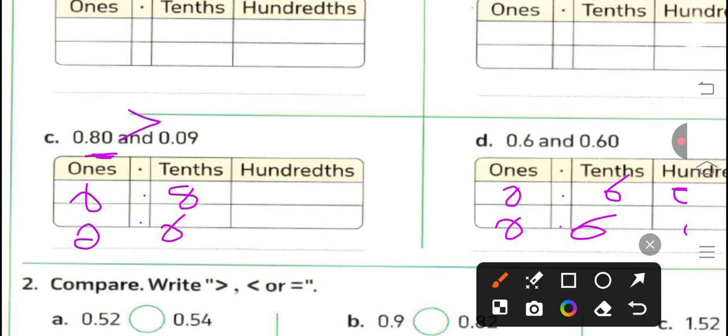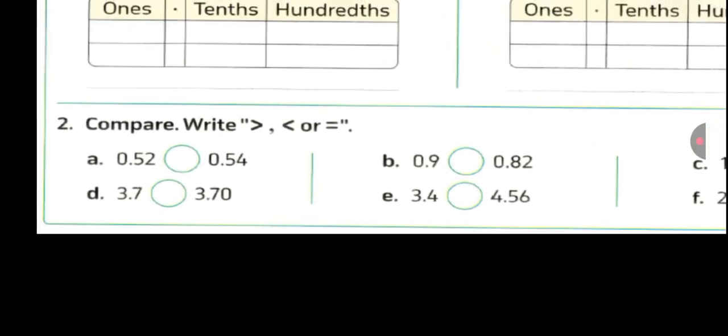These are equivalent fractions, so they are equal.